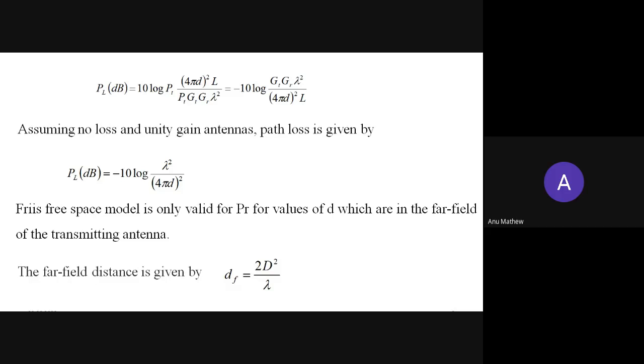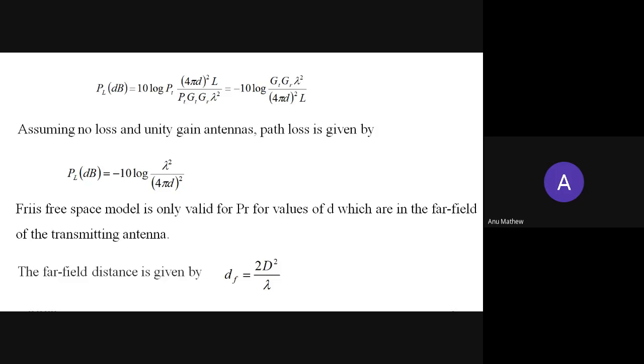This far field, also known as the Fraunhofer region of a transmitting antenna, is defined as the region beyond the far field distance, which is related to the largest linear dimension of the transmitting antenna aperture.